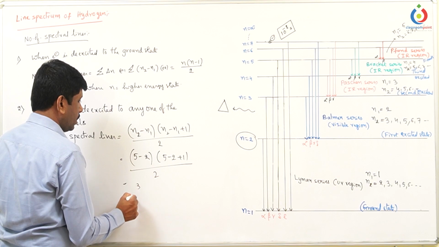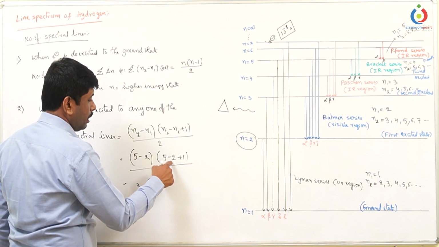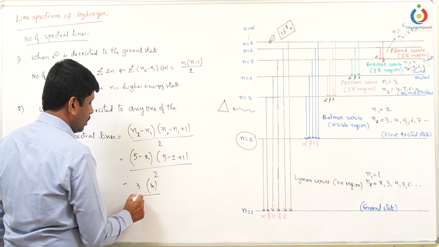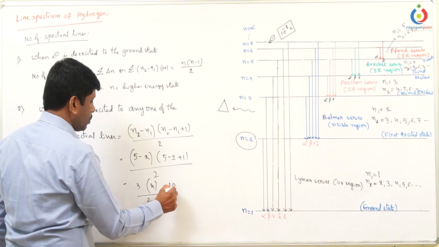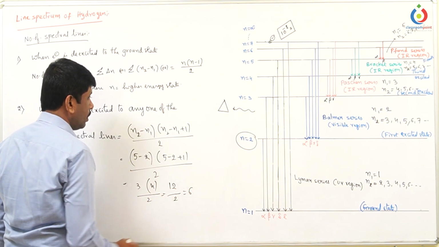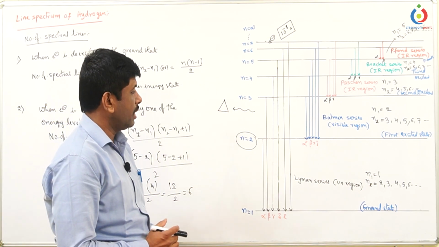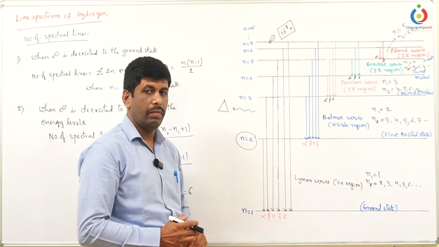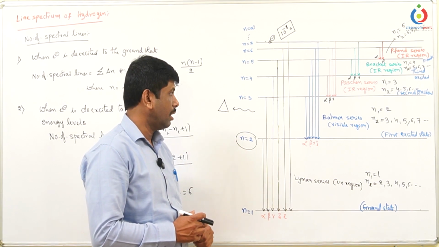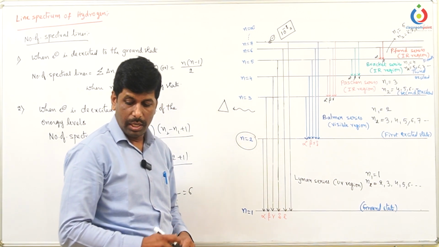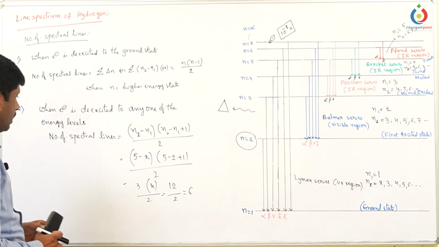So this is 3 into 3 plus 1, 4, divided by 2, equals 12 by 2, equals totally 6 spectral lines are obtained. So when the electron is de-excited to any one of the energy levels apart from the ground state, you can use this formula directly to calculate the number of spectral lines.